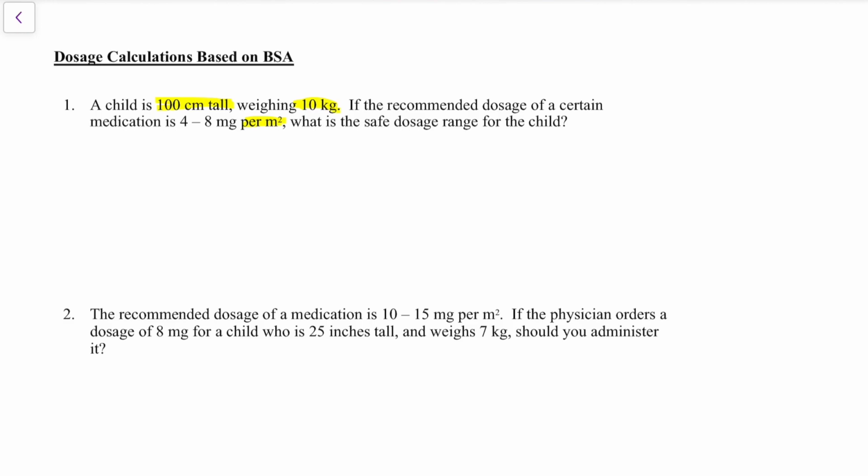So let's take a look at our West nomogram and see if we can find where 100 centimeters and 10 kilograms is. So our first step is to find the body surface area. So 100 centimeters, 10 kilograms.